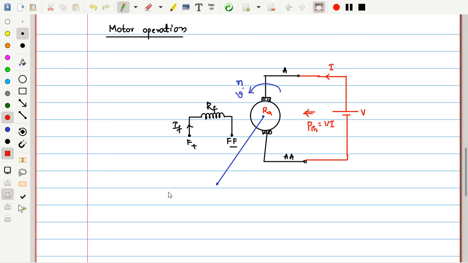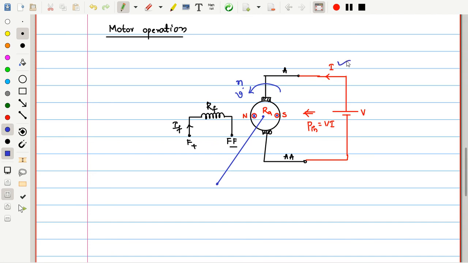And as in the generator case, what we see here in case of the motor is that we usually have coils, let us assume the same thing here, and if the machine is rotating in this direction, that here some north pole is there, stator north pole, here stator south pole is there, and we know that the current will be coming out of the north pole and current is entering into the north pole. In that direction I am considering this current is flowing.